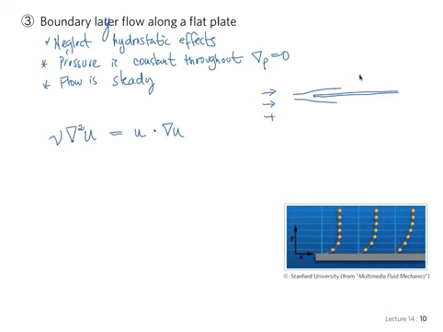So in the direction of flow, the velocity is changing because of the effect of viscosity, but it is steady. If I look at this picture at one point in time, or I look at it later in time, the streamlines and so on will look the same. The velocities will look the same.